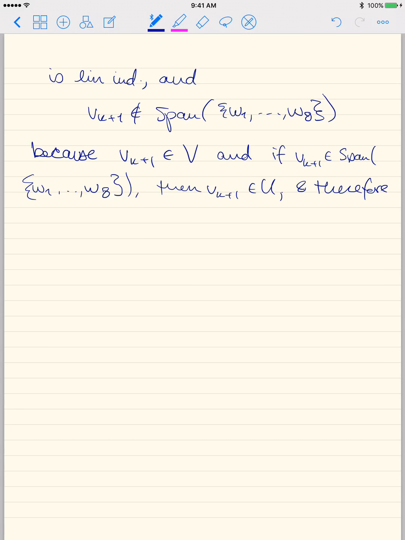And since we already know it's in V, it would also be in U intersect V. Well, we know that's not possible because of how we came up with v_{k+1}. We started with the basis of U intersect V and extended it, only grabbing things that were outside of U intersect V to fill out, to get a basis of V.